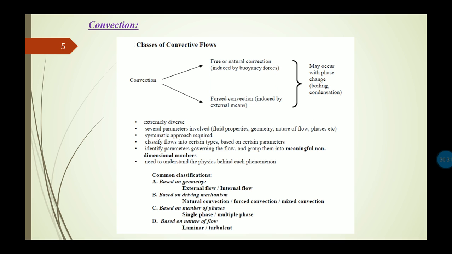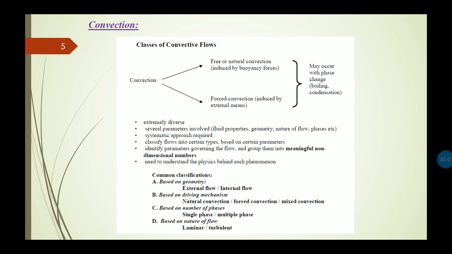Next, we identify the parameters governing the flow and group them into meaningful non-dimensional numbers, and we need to understand the physics behind each phenomenon. So these are the things that we need to carefully examine.